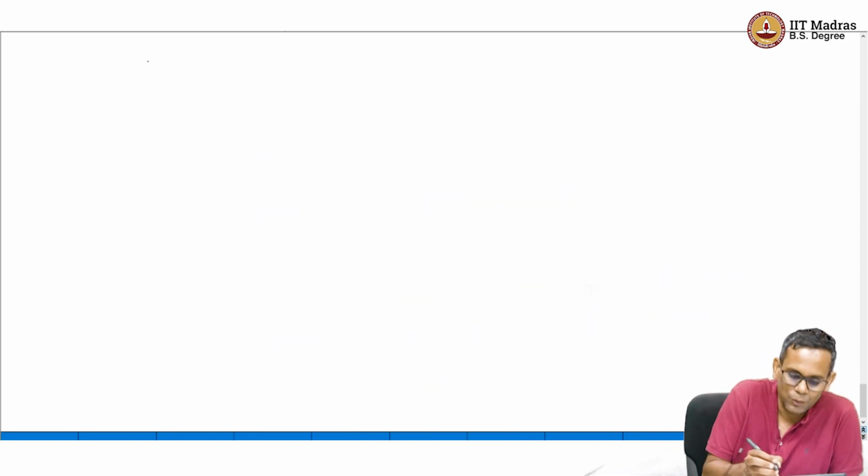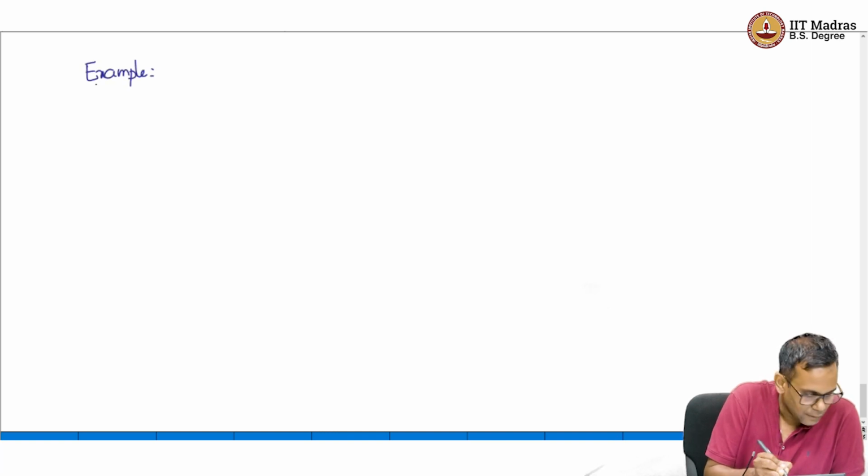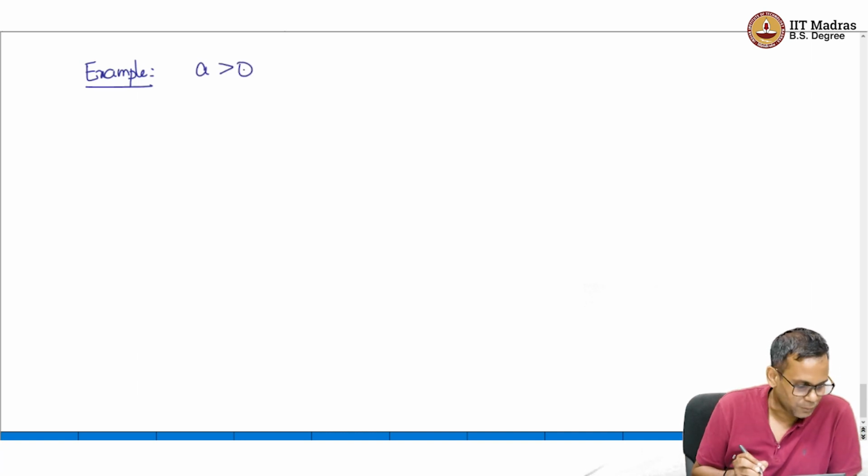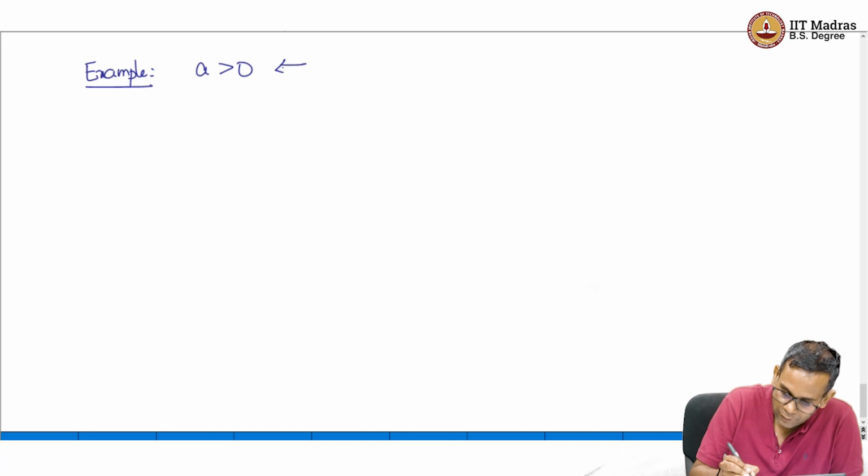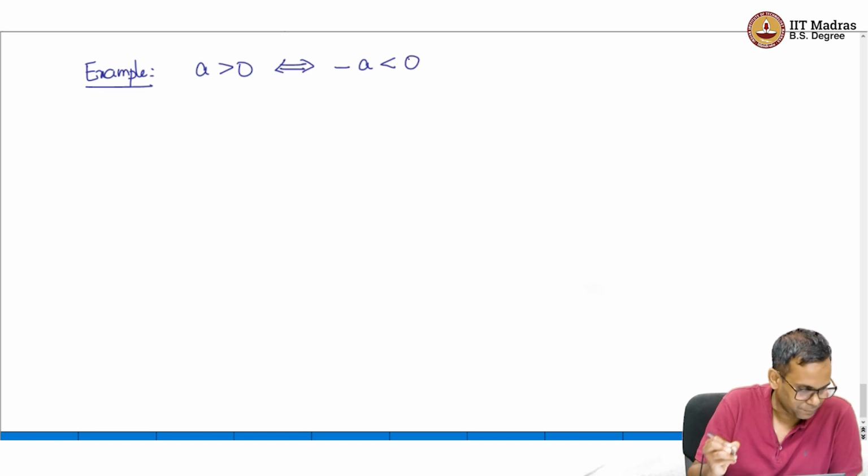Let us do a couple more simple examples. So, here is another example. a is greater than 0 if and only if minus a is less than 0.